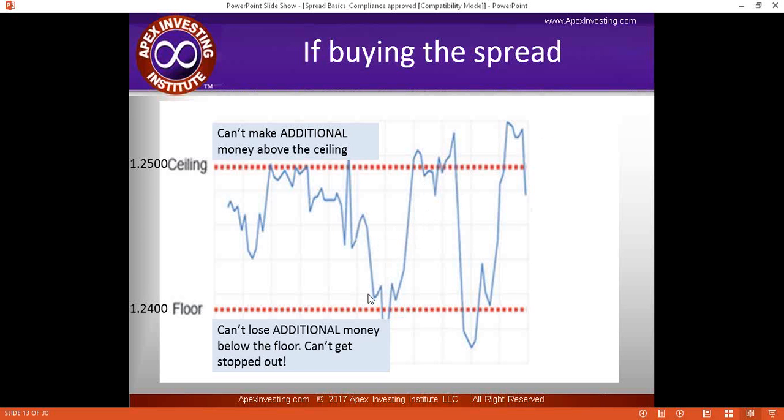What's the difference of 24.10 and 24.50? 40. So I didn't hold it till expiration. I got out of it early, bought at 24.10, sold at 24.50. That's 40 pips, 40 ticks difference. Each tick is worth $1. So what would my profit be on that trade before fees? $40, right?